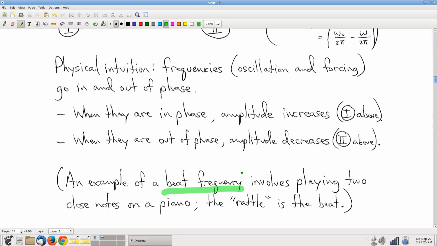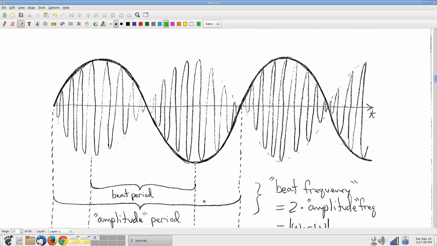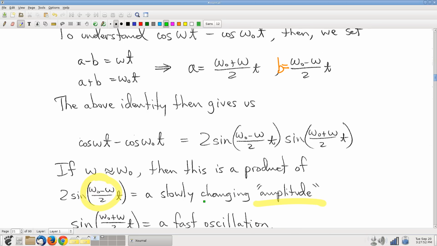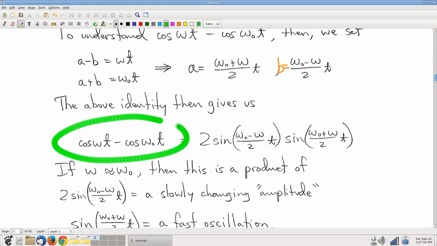Examples of beat frequencies. If you play two nearby notes on a piano, any student who's done this will recall that there's a rattling sound. It almost sounds like the piano might have a loose screw in it somewhere, and that's not what's happening. What's happening is that when you play two nearby notes, you are creating two sine waves with similar frequencies.